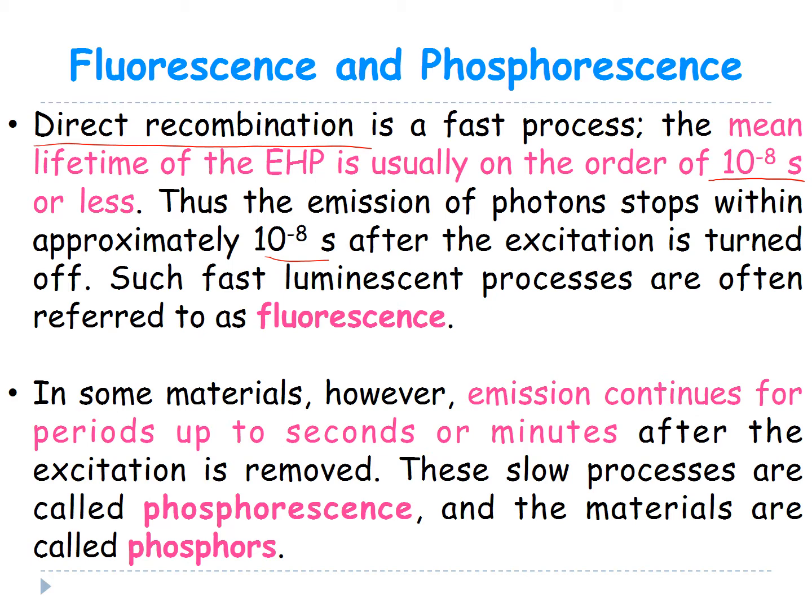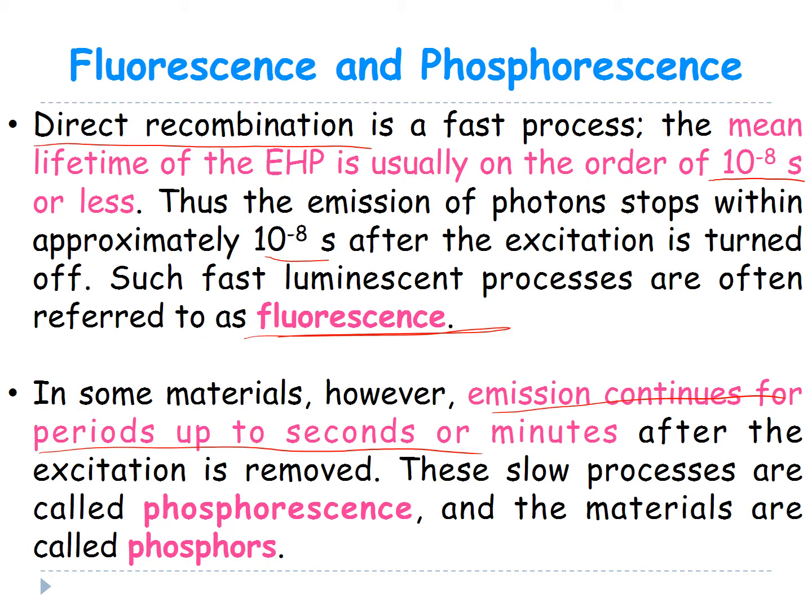Such fast luminescent processes are often referred to as fluorescence. In some materials, however, emission continues for periods up to seconds or minutes after the excitation is removed, and these slow processes are called phosphorescence, and the materials are called phosphors.